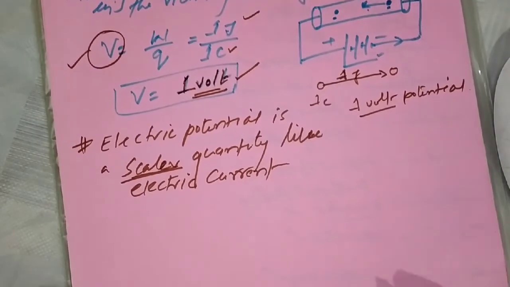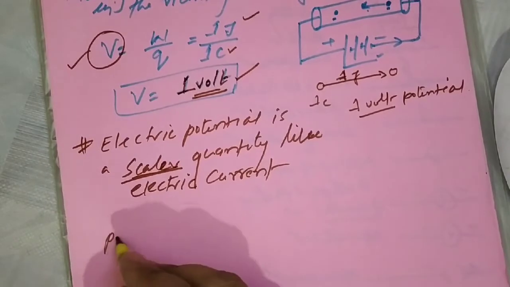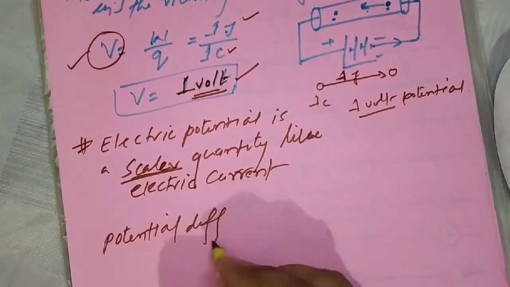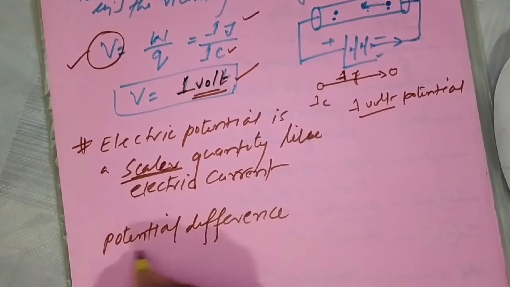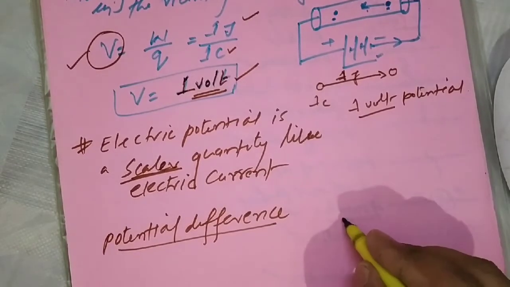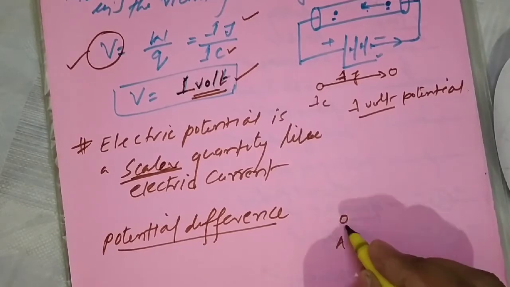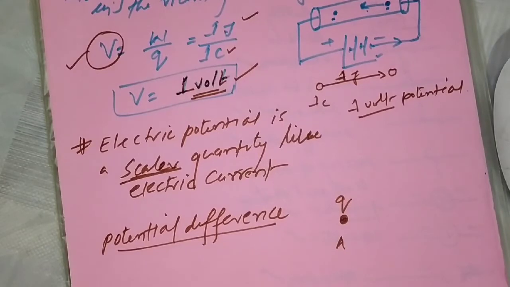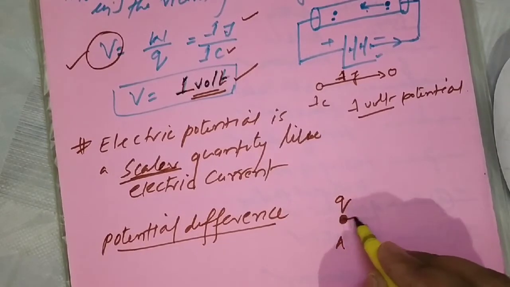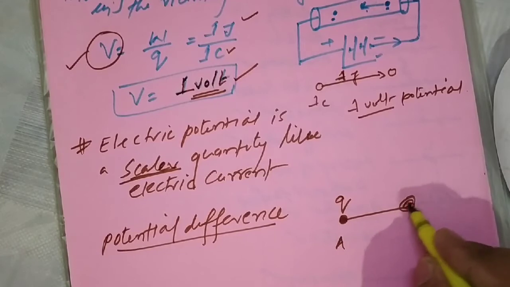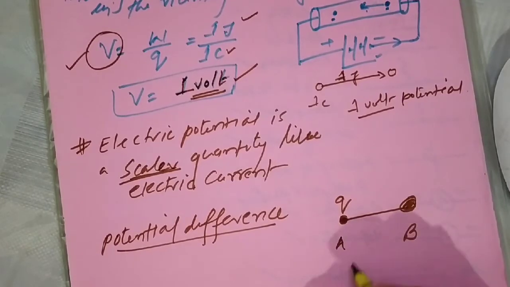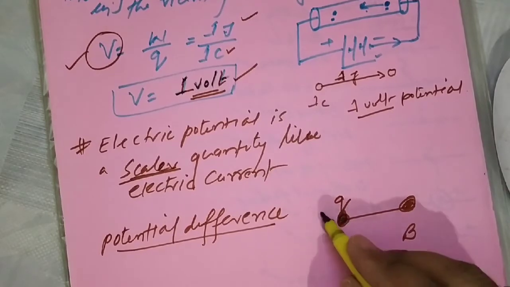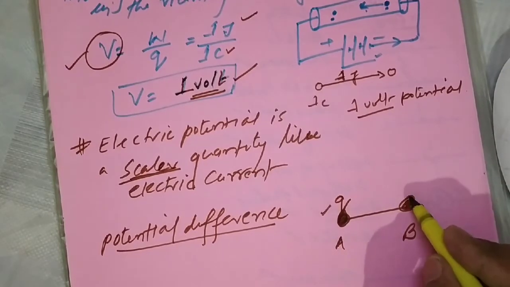Now we'll talk about potential difference. If a charge Q is at point A and we move it to point B, that means the potential is higher at this place and lower at this place.